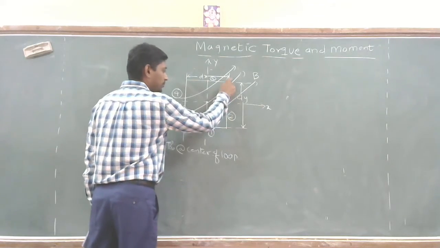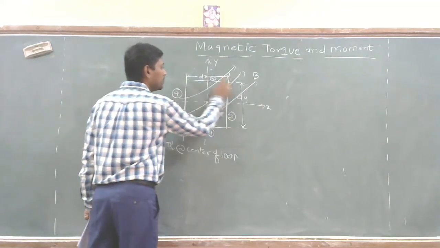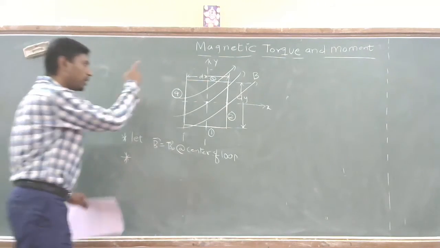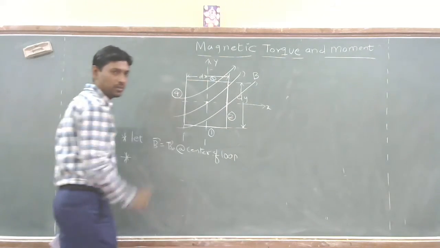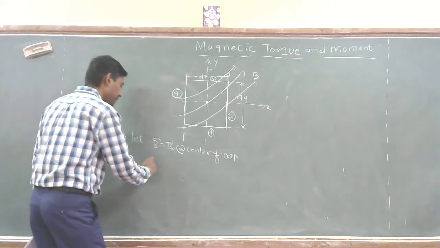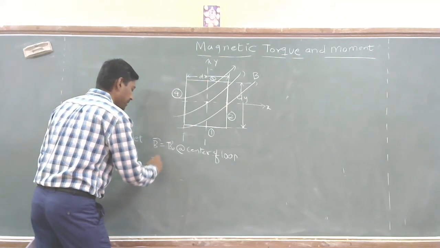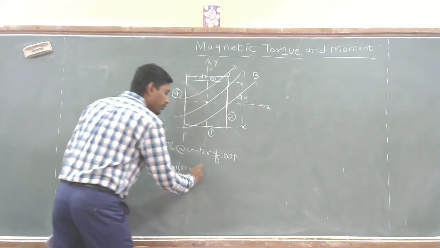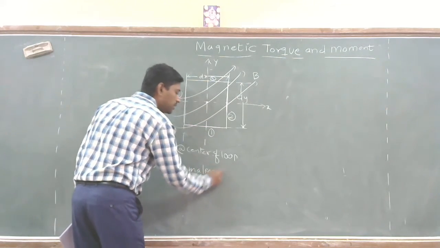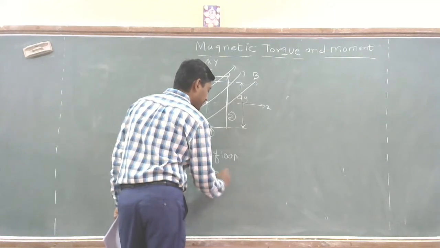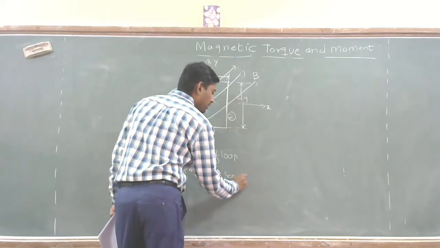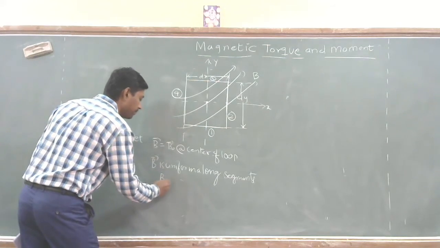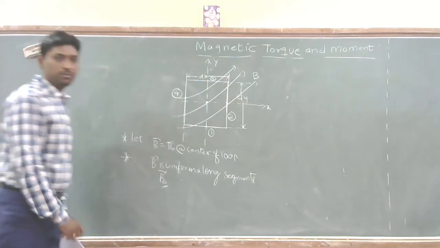As we are taking a very small loop, the B field will be the same all along this loop. So what does it mean? B is uniform along segments, and its value will be B naught.